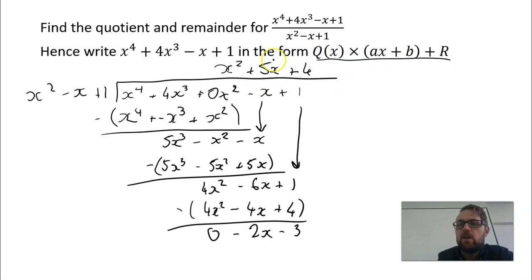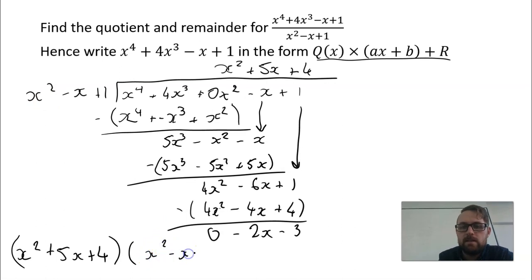All right, so our q of x is x squared plus 5x plus 4. We want to write that times our divisor, which was x squared, take x plus 1, plus our remainder, which is negative 2x, take 3.